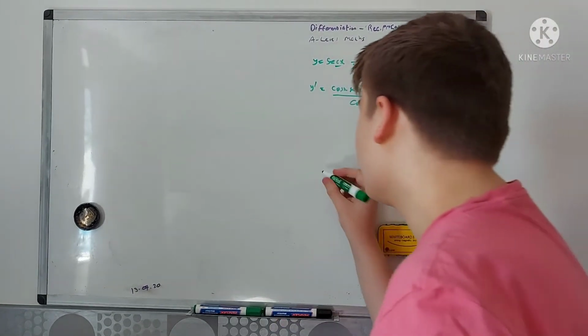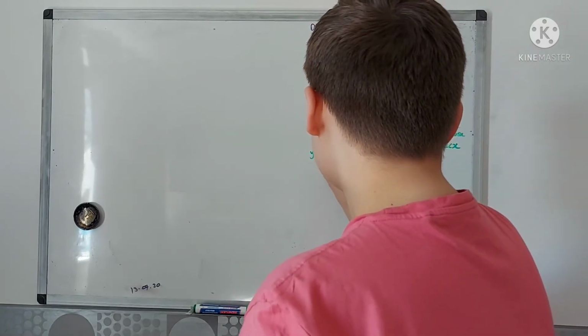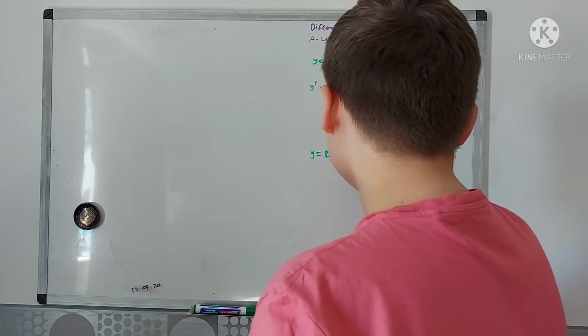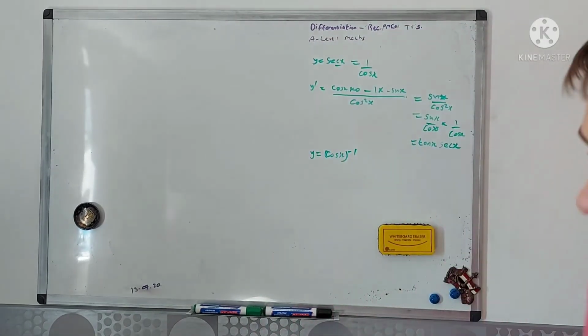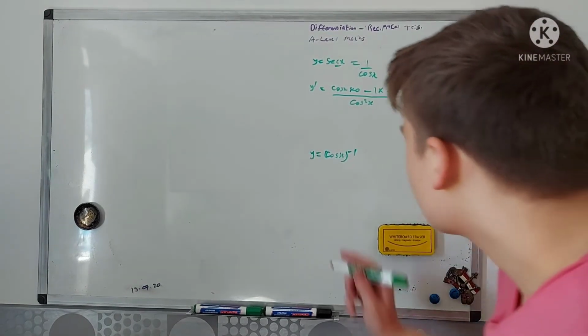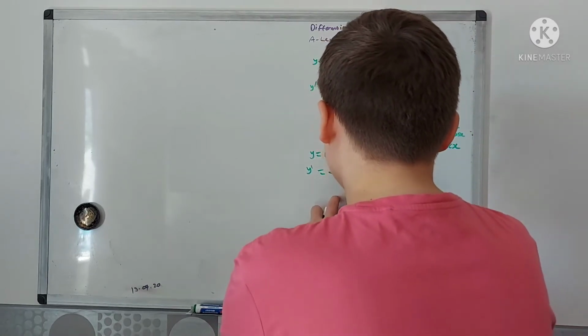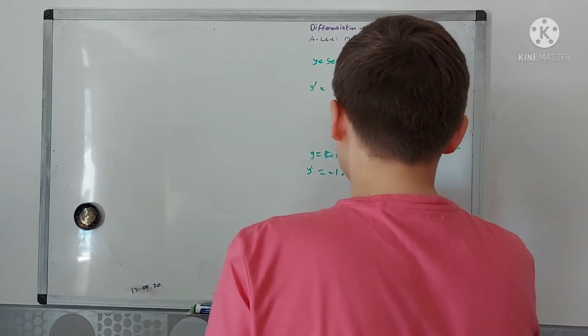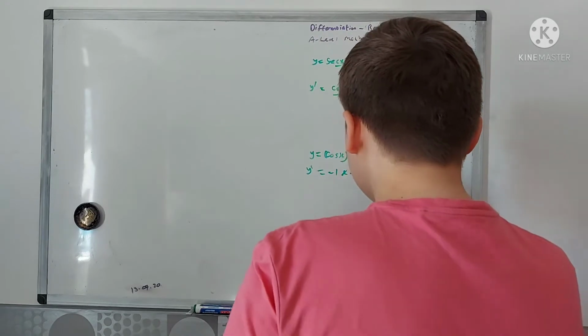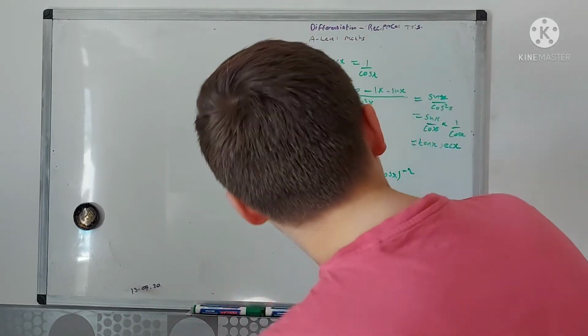And again, I could have differentiated this using the chain rule. So by rights of the chain rule, I can find that y prime is the minus 1 coming out the front, multiplied by the minus sine x, the derivative of cos, of course, you need to know, of cos x to the minus 2.